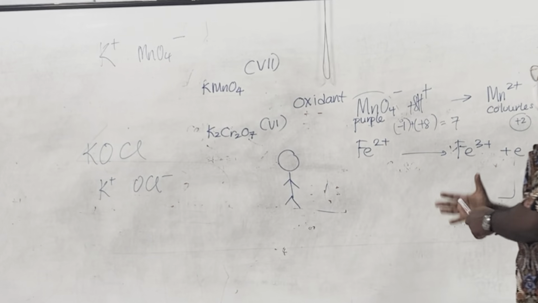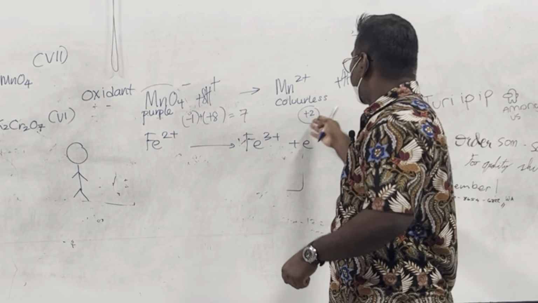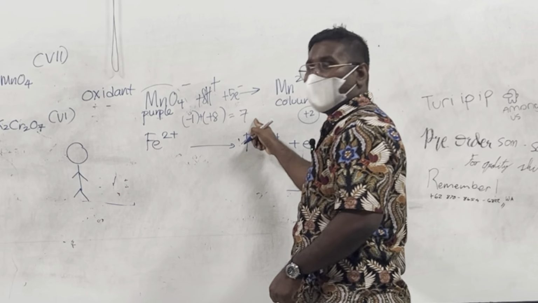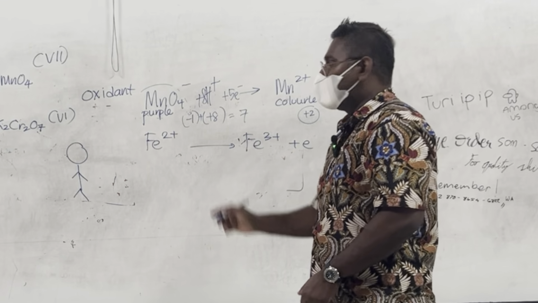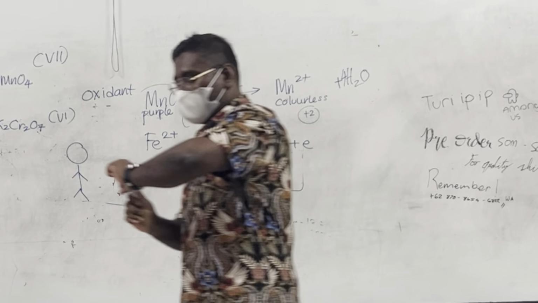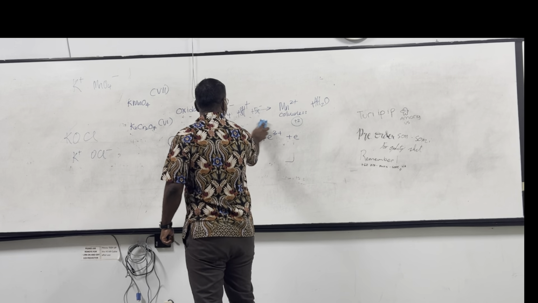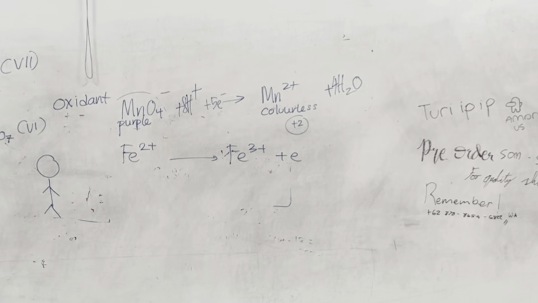So here, this is plus 7. You want to make it plus 2, you add 5 electron, so it's minus 5. So you get plus 2 left and right. Now, once you get that, we just need to combine them by trying to eliminate the electrons.